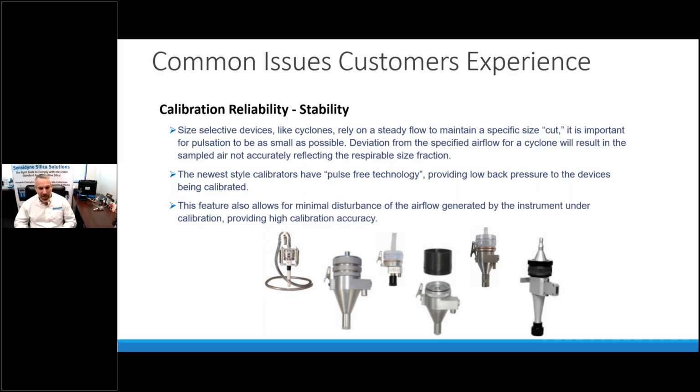If you can imagine that you have a constant flow pump and that pump is reacting to, let's say, a pressure change caused by the calibrator, then this is a bias that could affect the accuracy of your flow rate. So just be aware of that in choosing the right calibrator for use with a size selective device like a cyclone or particle impactor.